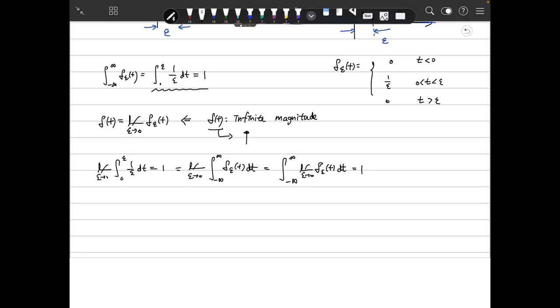So using this, if we integrate from minus infinity to infinity f t multiplied by delta t, then delta t is effective only at t equal to 0.